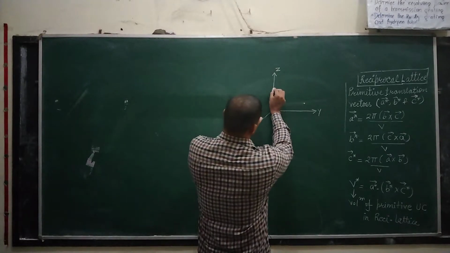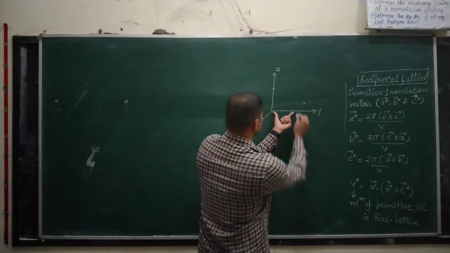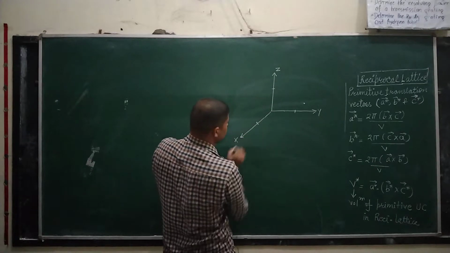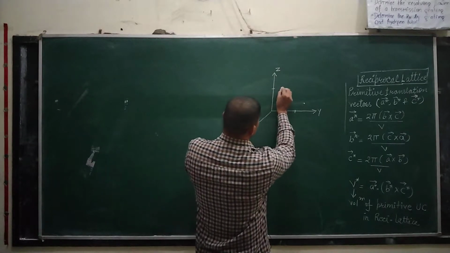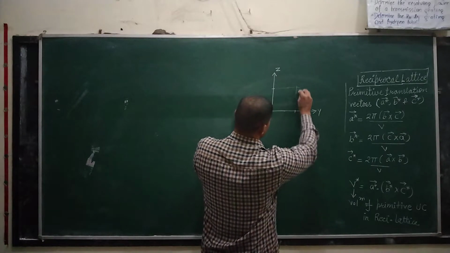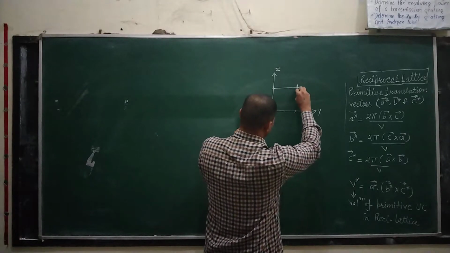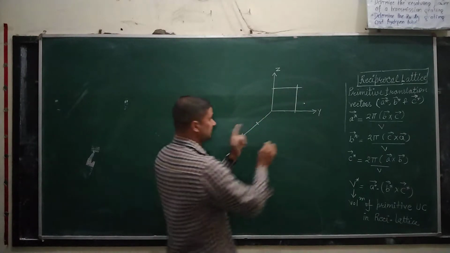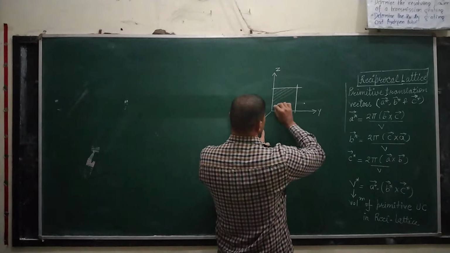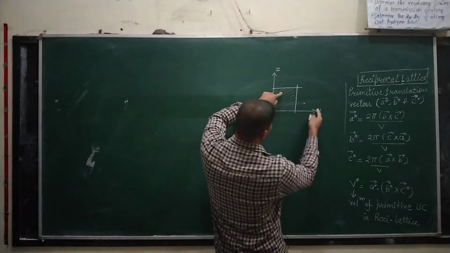See, this is A and the same distance I will take here, that is A, and the same distance I will take here, it is A. Okay, I am making a face here. Okay class, so this is a face. Okay, and this face is in which plane? This face is in the YZ plane.